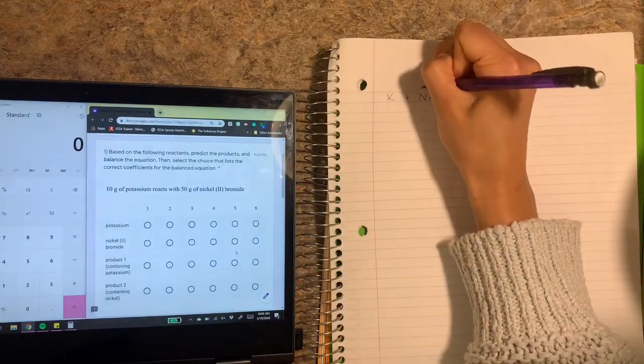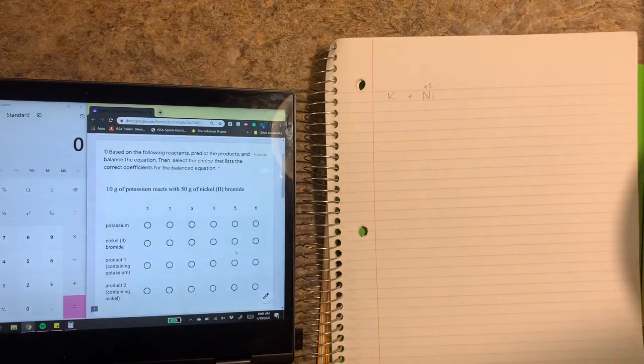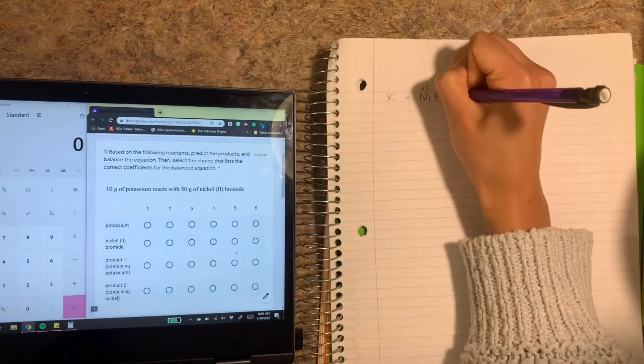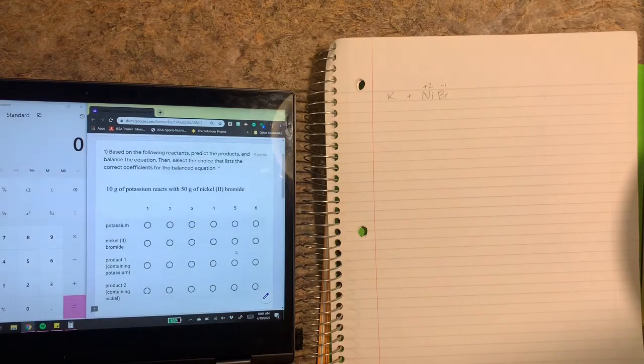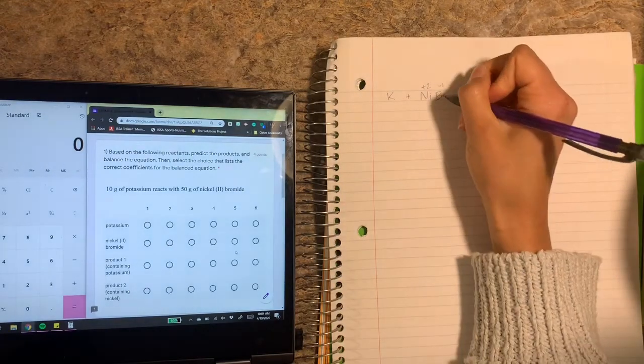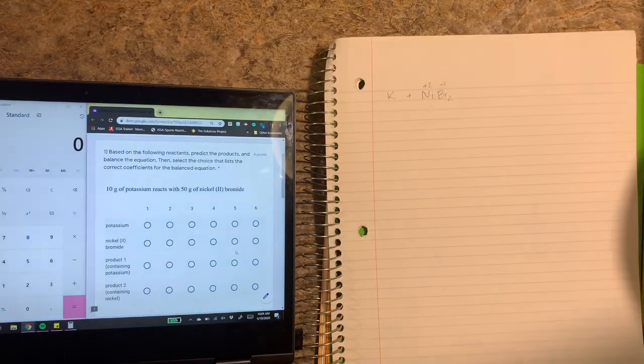Remember, nickel is a transition metal. It can have multiple charges. And it is bonded to bromine, which is a -1 charge. Now, because that is a compound, we do need to crisscross those charges. So it becomes NiBr2. So those are our two reactants that were given to us.